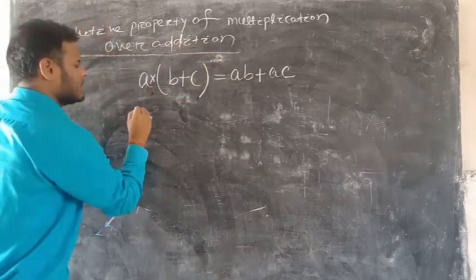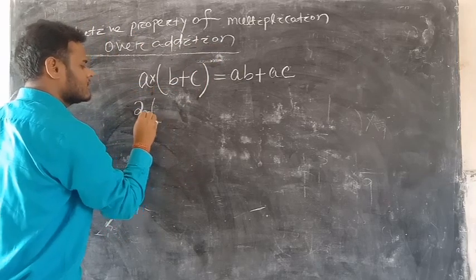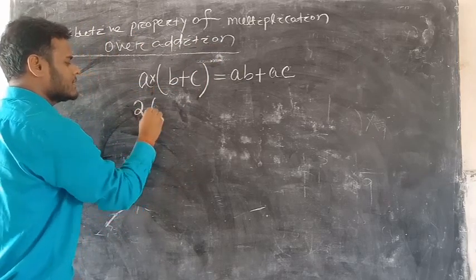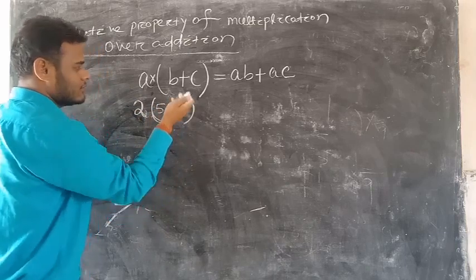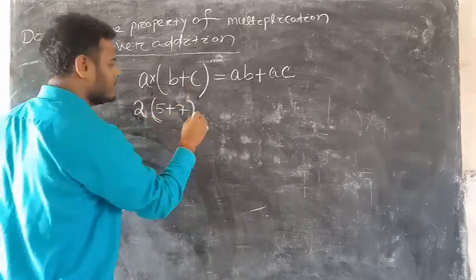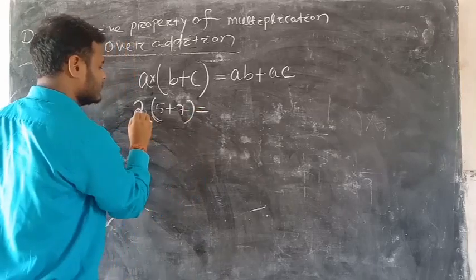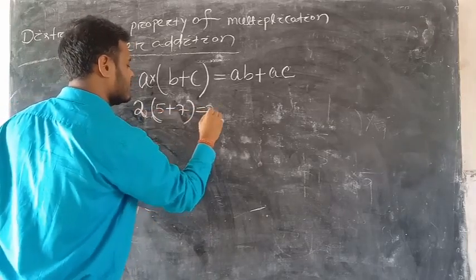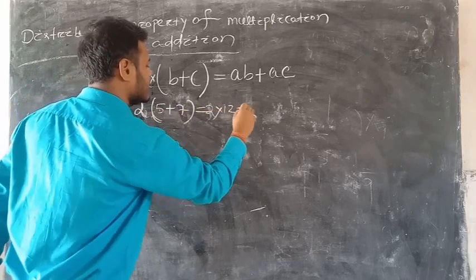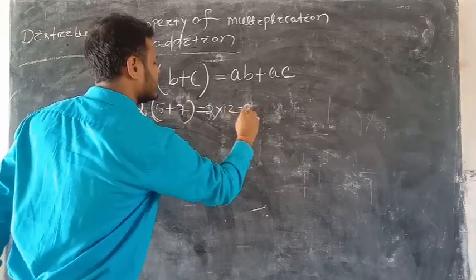Suppose take an example. I am writing a simple example, 2 into 5 plus 7. You can also take the example of rational numbers, no issue. This is equal to 2 into 12, that is 24.